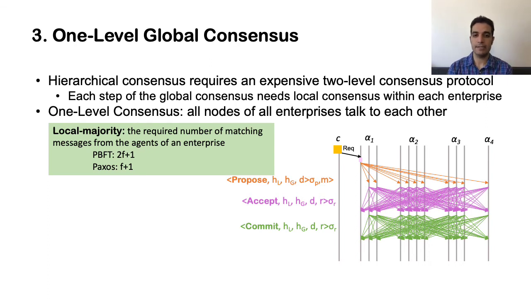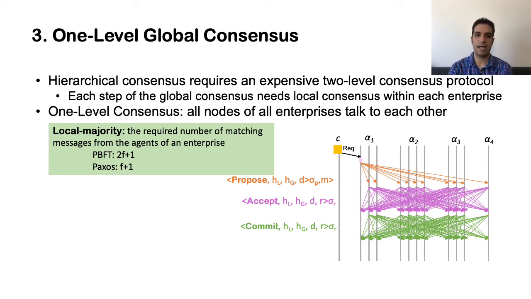And at each step, if we receive messages from 2/3 of enterprises, not all of enterprises, if we receive the message from 2/3 of enterprises, it's sufficient. And from each enterprise, we need to receive message from local majority of that enterprise. What is local majority?